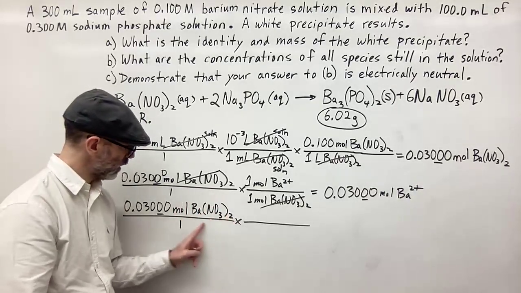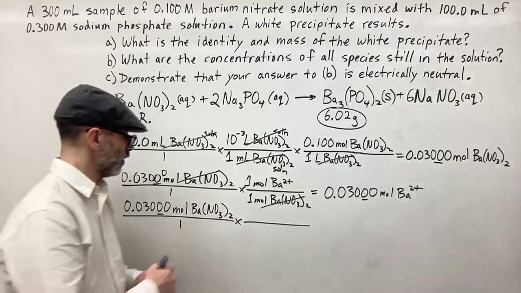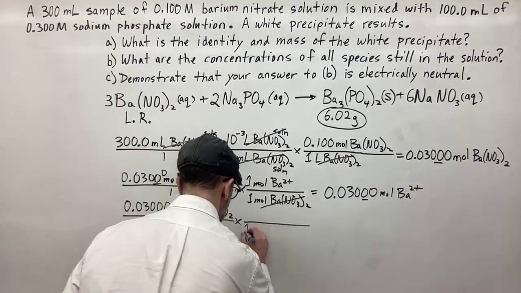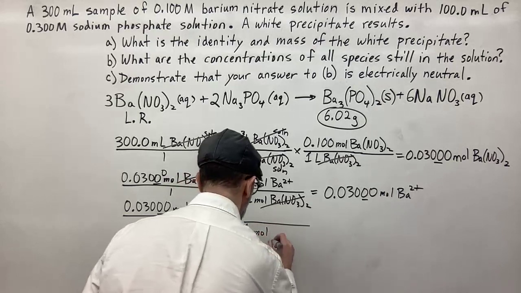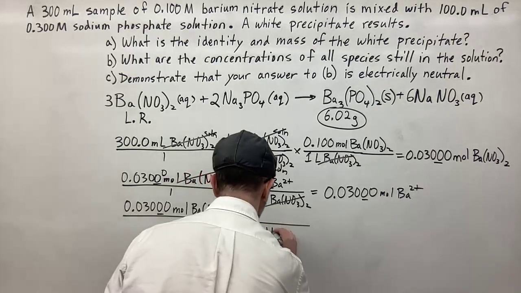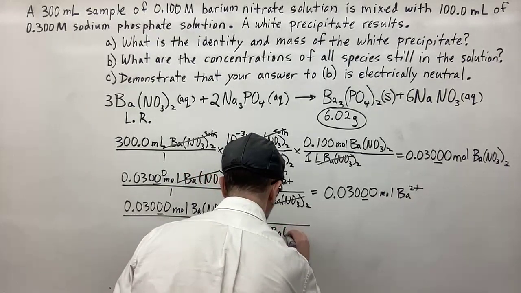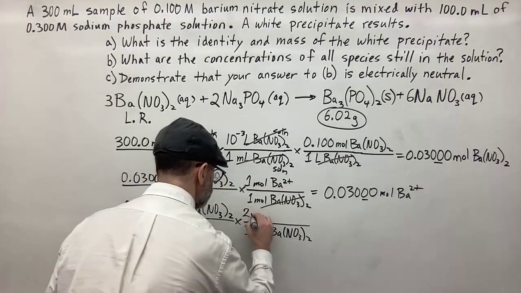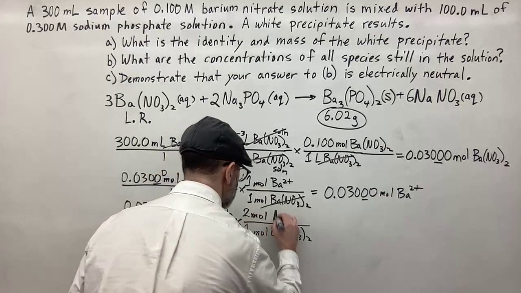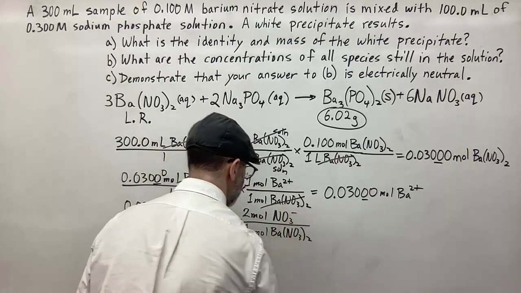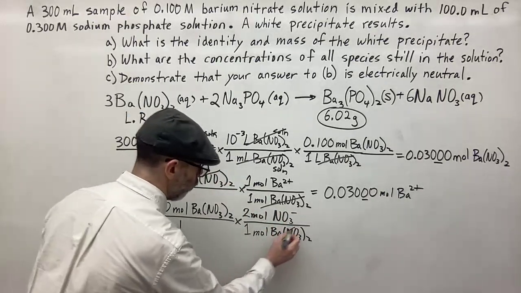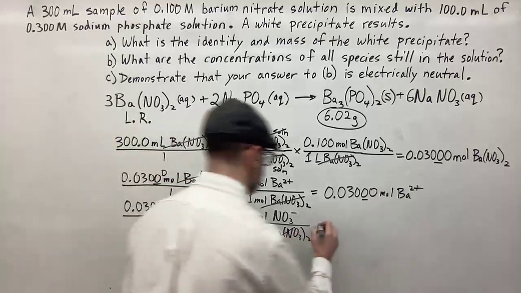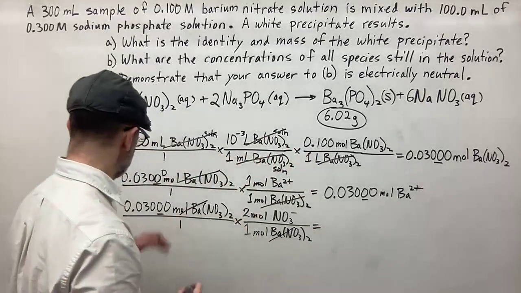So I'm going to put 1 mole of barium nitrate on the bottom and 2 moles of the nitrate ion on top. The moles of barium nitrate cancel out, and you get double the amount.